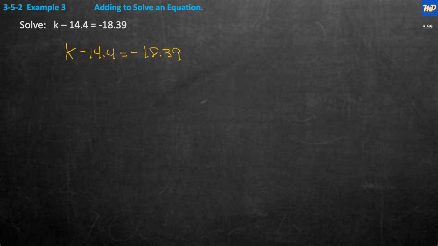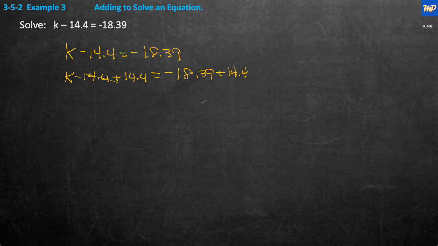In order to do that, we're going to say k minus 14.4 plus 14.4 equals negative 18.39 plus 14.4. And now when we get back to looking at the entire problem, we have to get rid of the minus 14.4 and positive 14.4 on the left-hand side with the k.